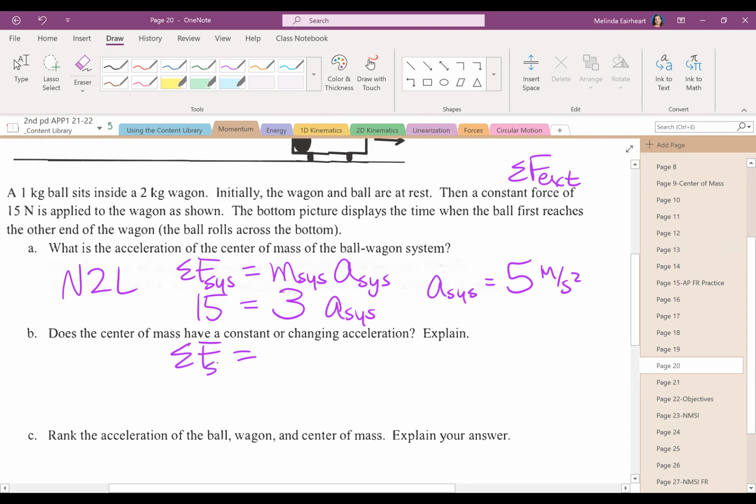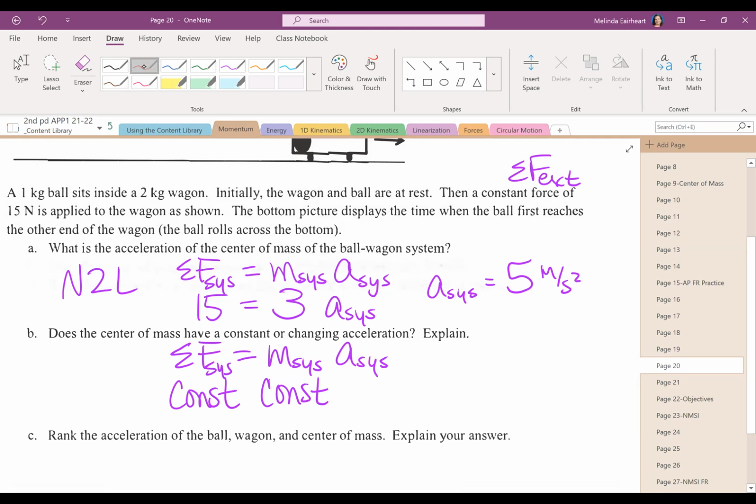And so if we kind of look at Newton's second law again, well, the mass of the system, they don't mention any kind of change. So the mass is constant. And it says that the external force of 15 newtons, literally they said was constant. And so, whoopsies. Okay. So your acceleration has to be constant as well. Okay.